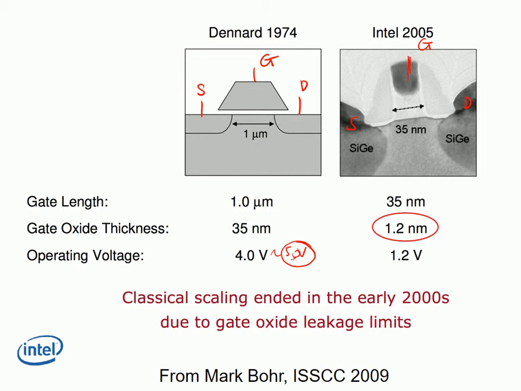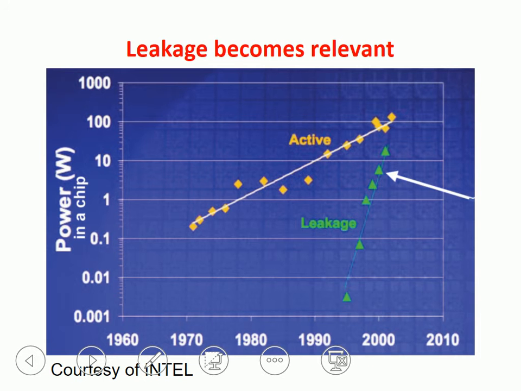Now, many things had to change from 2005 in order to treat the problem of the leakage power. This is considering a typical microprocessor from Intel, the evolution in time of the active power and of the static power.